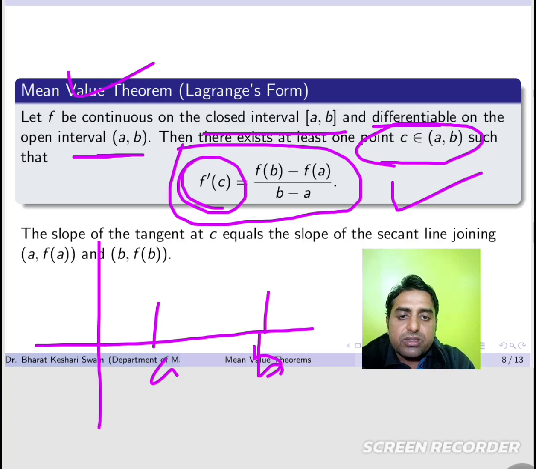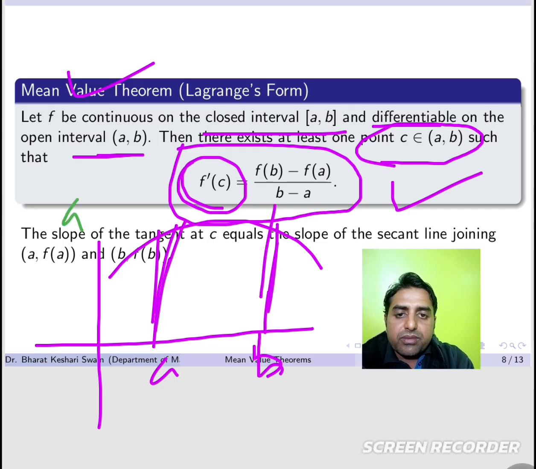This is your a, this is your b, and this is your (a, f(a)), and this is your (b, f(b)), okay, (b, f(b)).